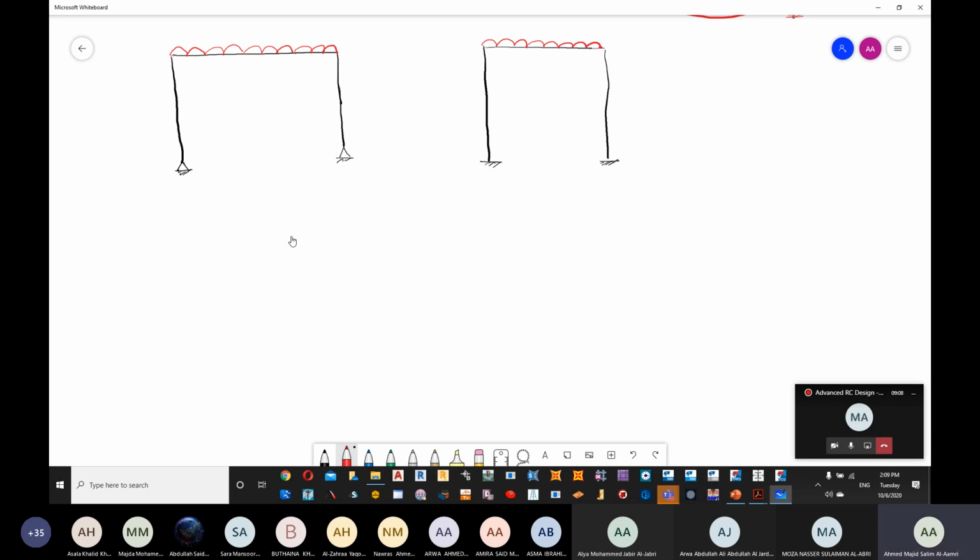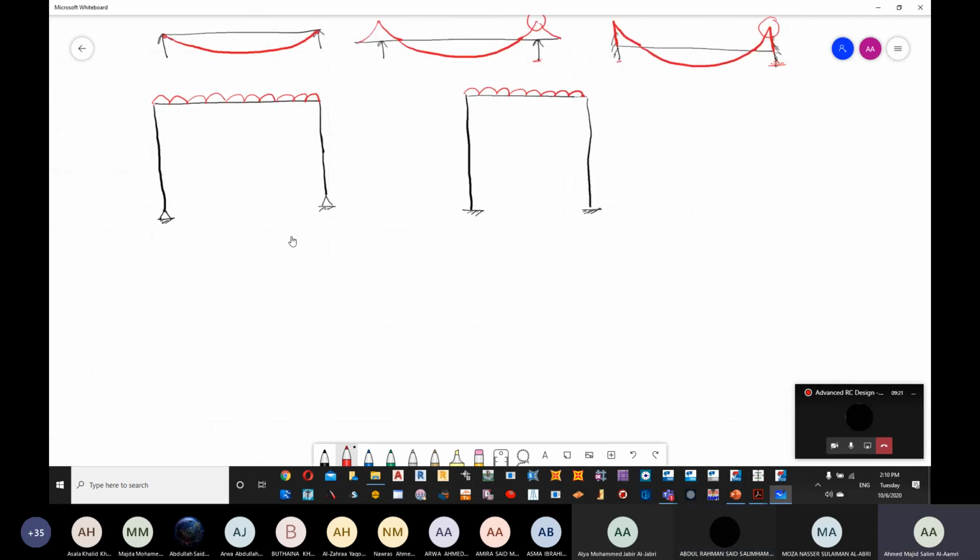Any idea how would you do? Make it three spans. Mister, again the question. How would you draw the bending moment diagram?